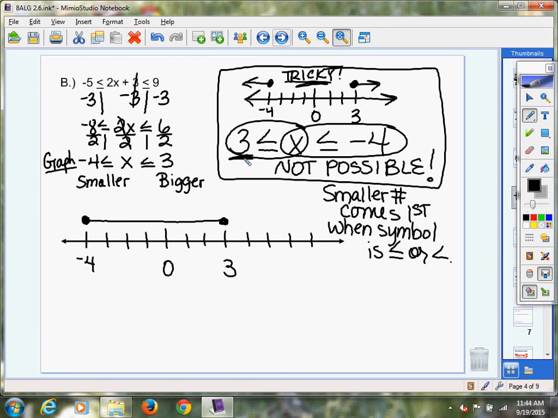If they start with the bigger number but still use less than, remember that's a trick. It's not possible. I just showed you how it graphs out. They don't overlap. And if they don't overlap, it's a null set and there's no solution. The overlap means those are the answers that are on both lines, and that's your answer. Okay, let's flip to the next page.